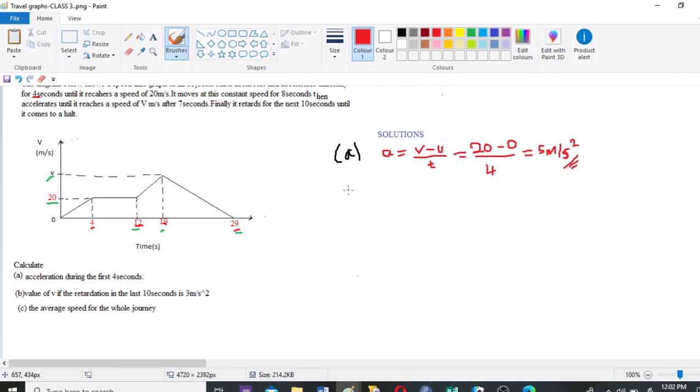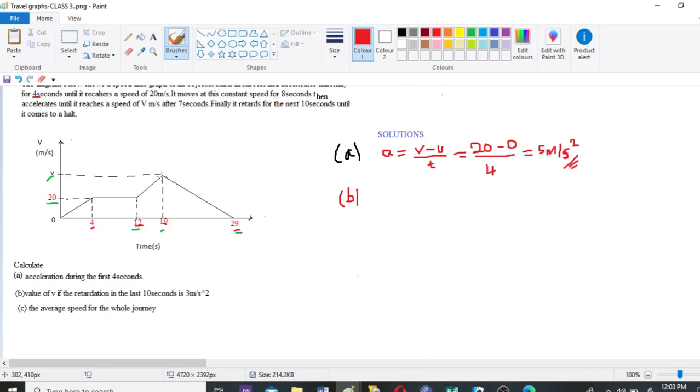Now let's go to the second one, that is our B. We are being asked to calculate the value of v. Before you calculate the value of v, try to analyze what is happening at v, that is in the last 10 seconds.